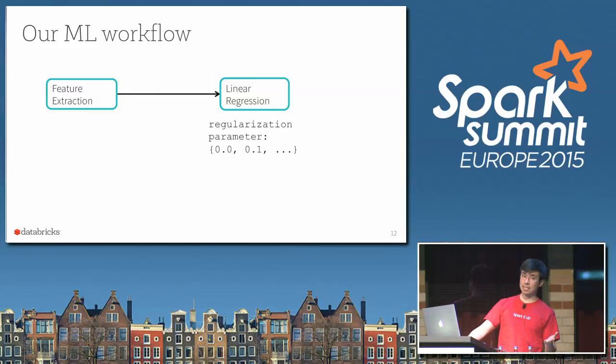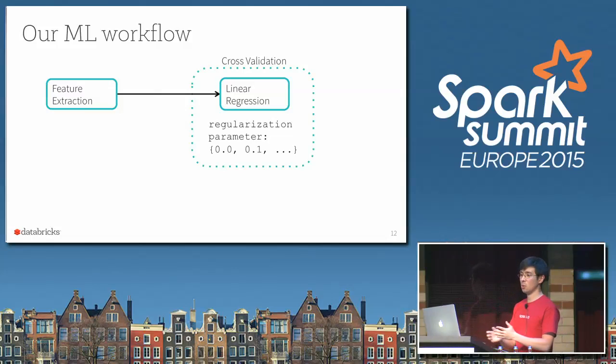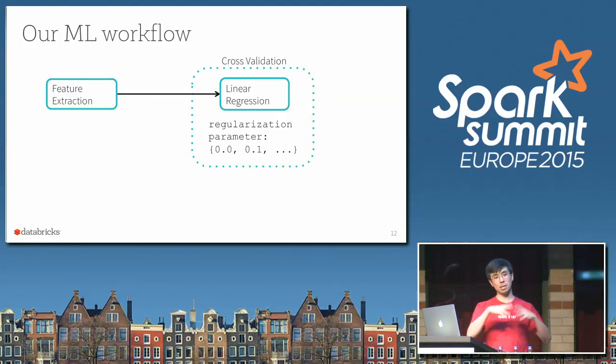And so a common practice in machine learning is to test a number of regularization parameters, and to do this using what's called cross-validation, which is essentially where you split your data into multiple groups, you train on some groups, test on others, and then shuffle and rotate around these.